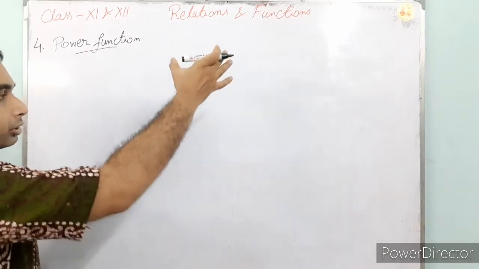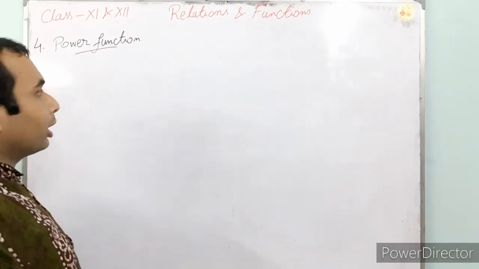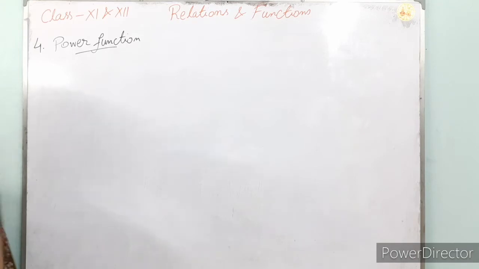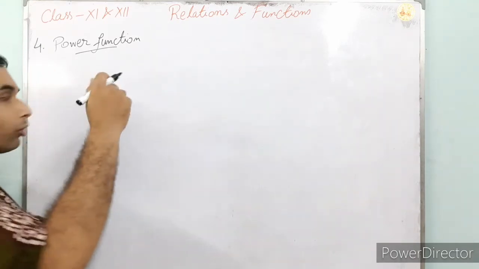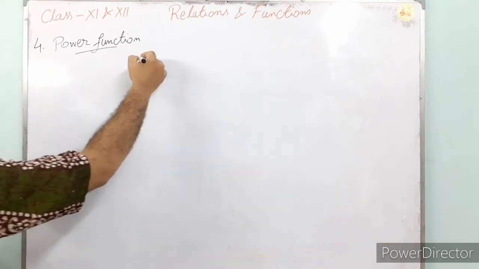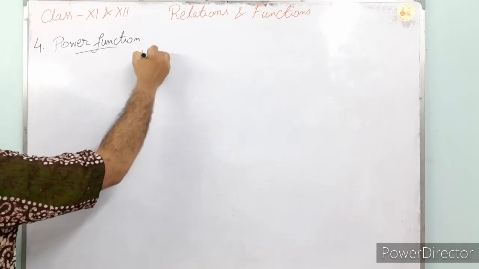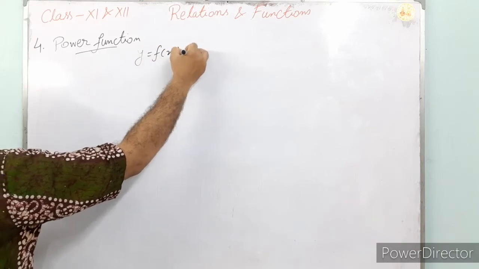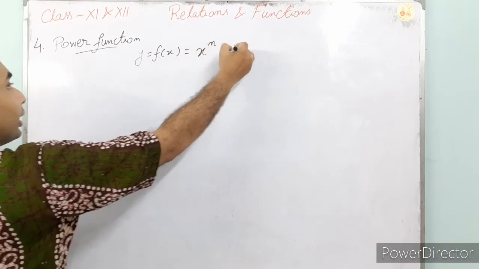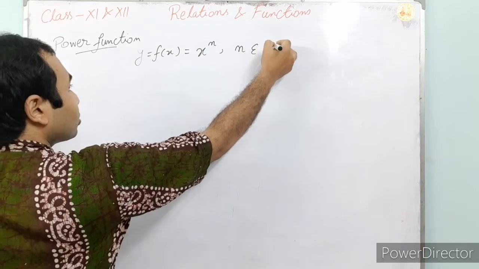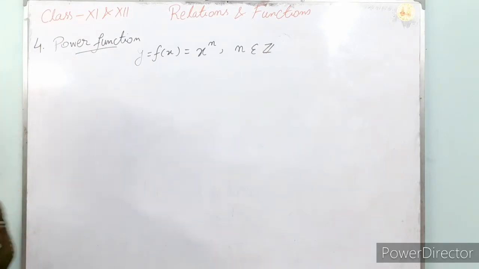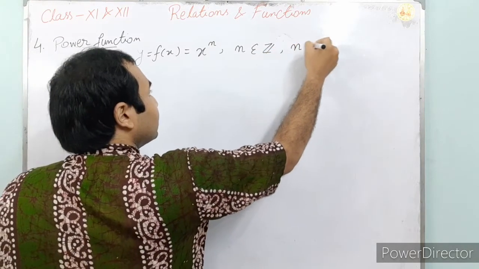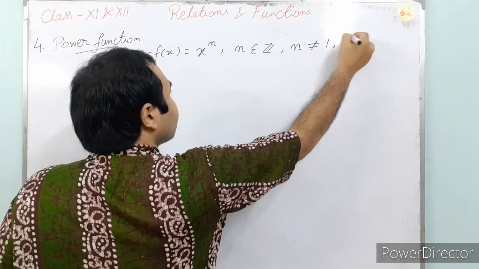In relation with the previous diagrams, the power function, I have told in detail there. What's the definition of the power function? That is y equals f(x) equals x to the power n, where n belongs to the integers, and n is not equal to 1 and 0.